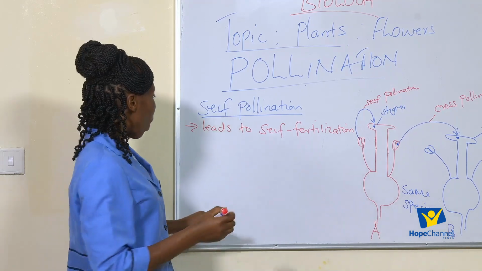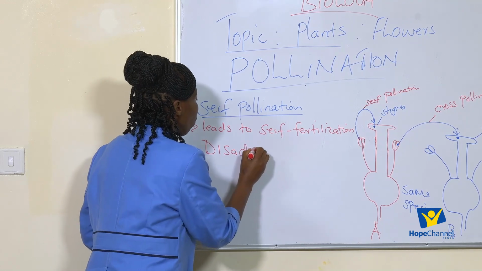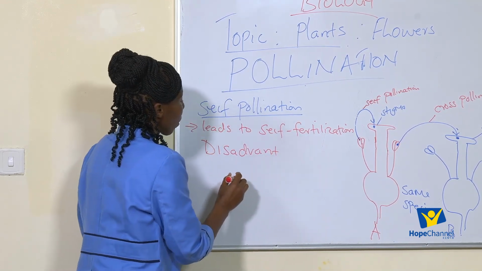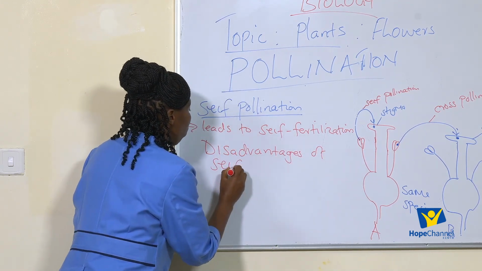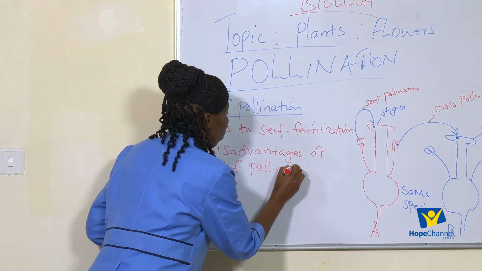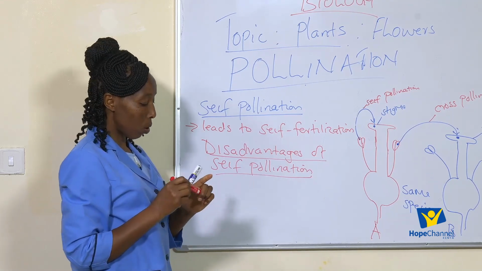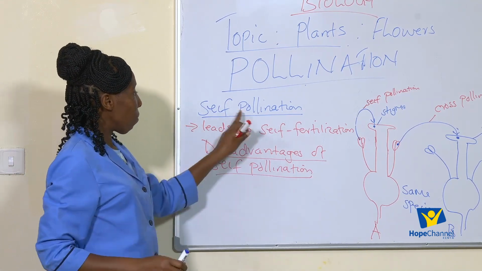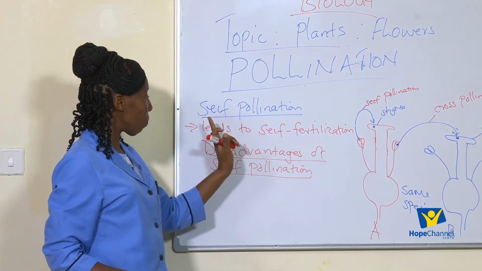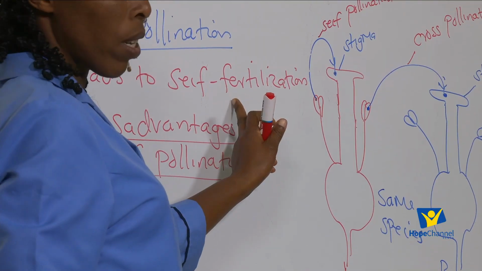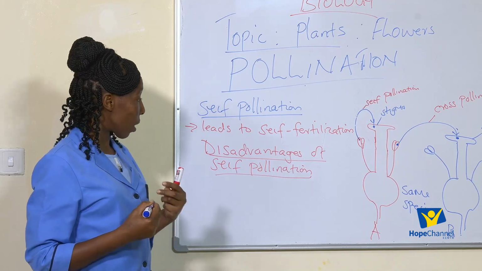Why? So I want us to list the disadvantages of self-pollination. Okay? Disadvantages of self-pollination. Remember, we have said self-pollination leads to self-fertilization, and that self-fertilization has disadvantages.